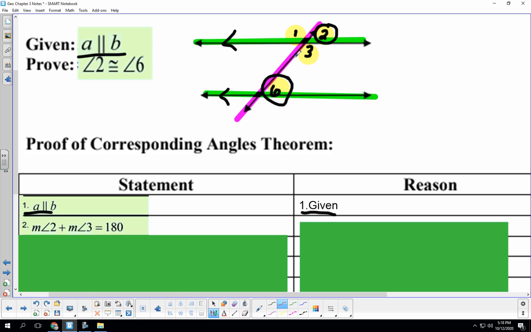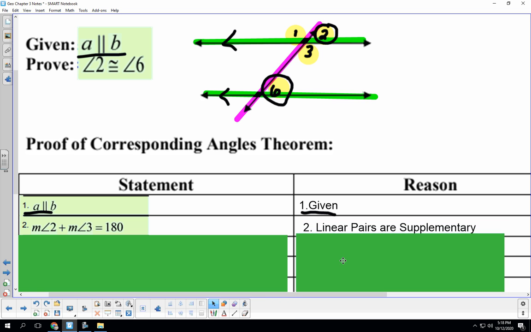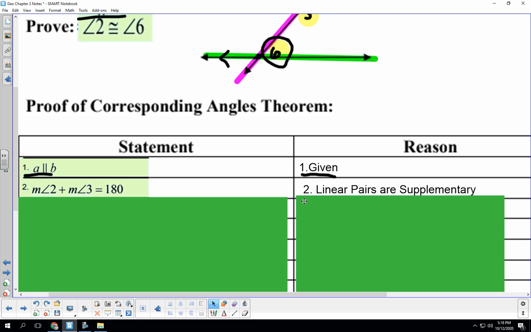If you look, they are just like before. Angle 2 and 3 make a straight line, and if they make a straight line, then they're equal to 180. That's called the linear pairs are supplementary. We did that before. We're getting it. We're kind of familiar.